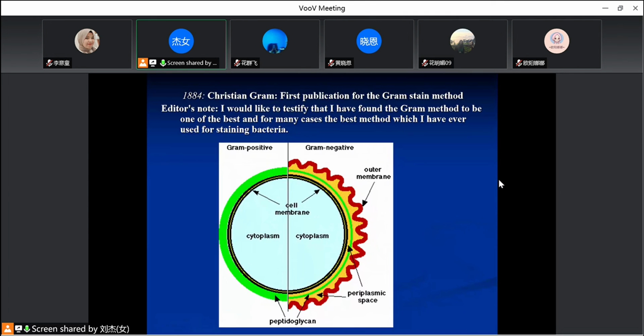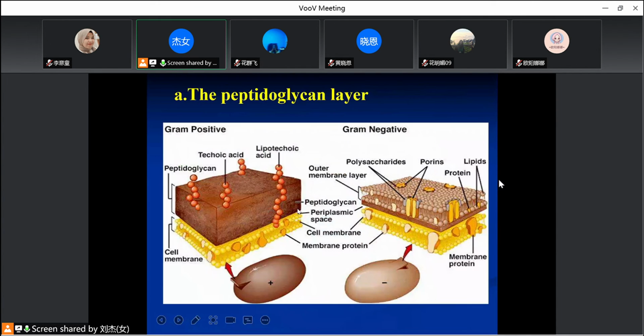And the second reason is that some drugs and medicines which can kill bacteria or eliminate their survival can destroy the cell wall of the bacteria. That's why they can kill the bacteria. So we need to learn about it.